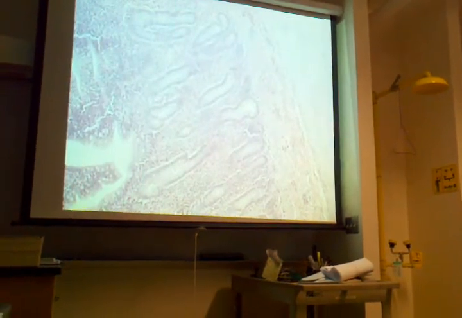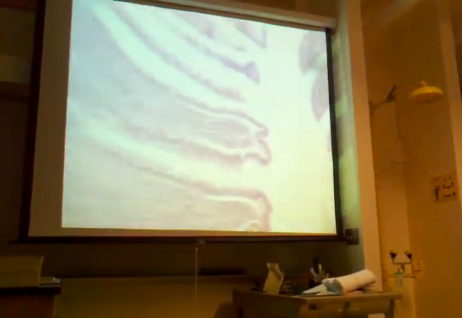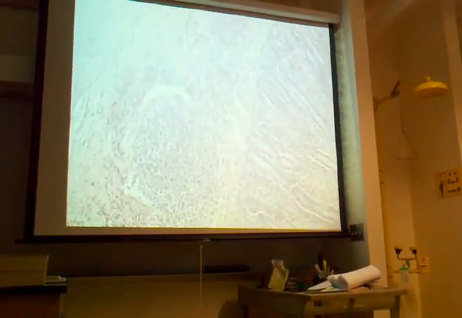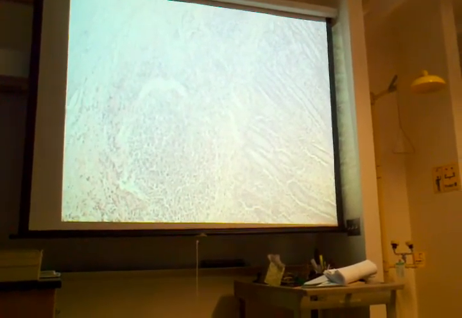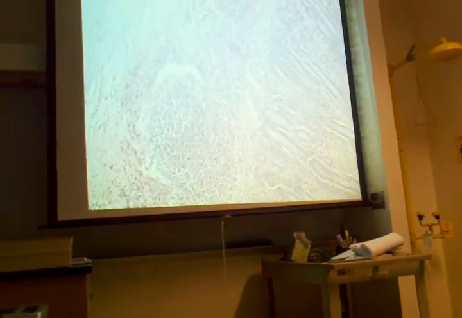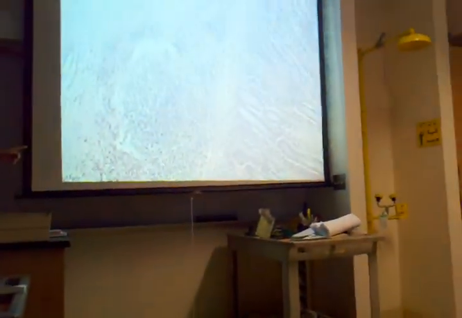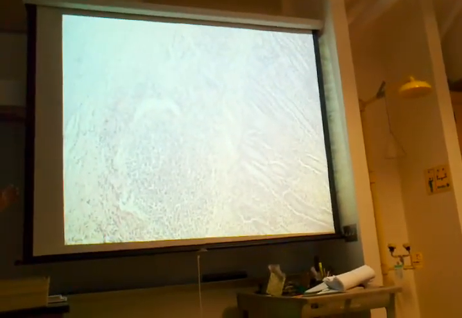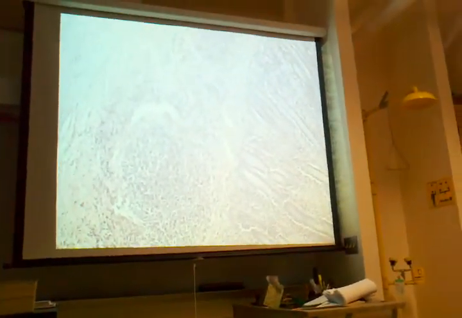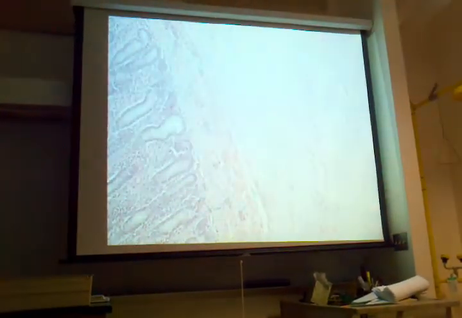Now, you don't see anything spectacular there. So, when you're looking at your structures, what section is this? We just looked at this. This is ileum, isn't it? These are Peyer's patches. But you don't see them on both sides, do you? So you have to really look.